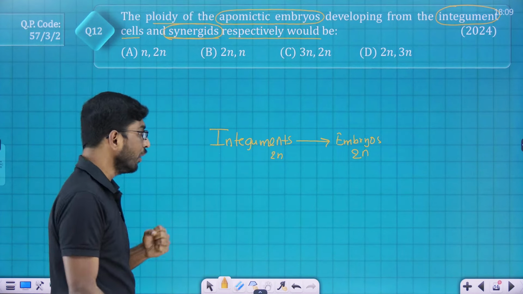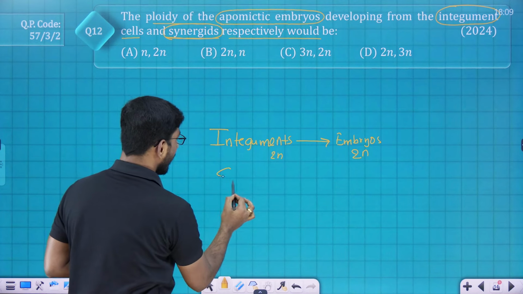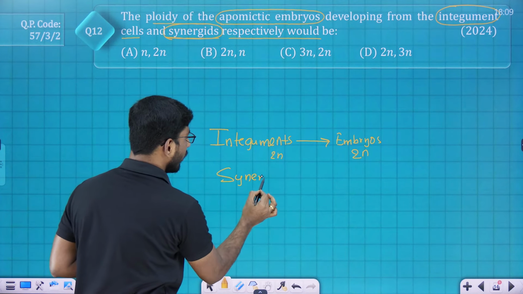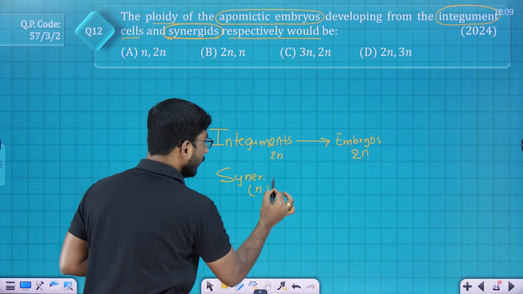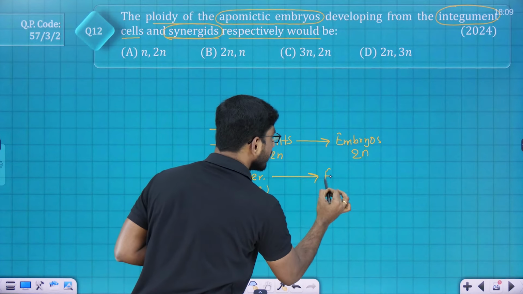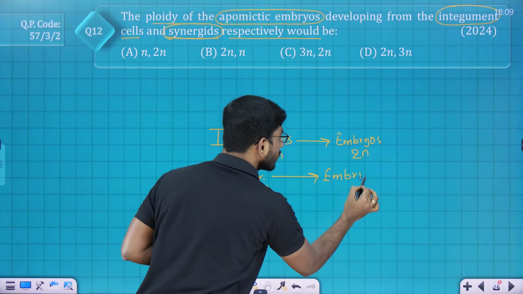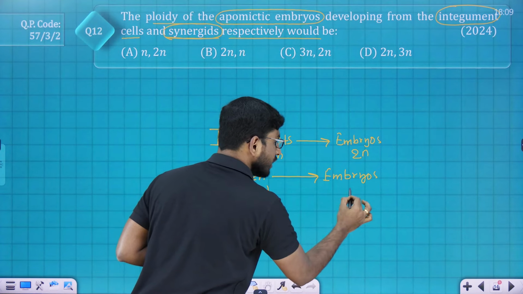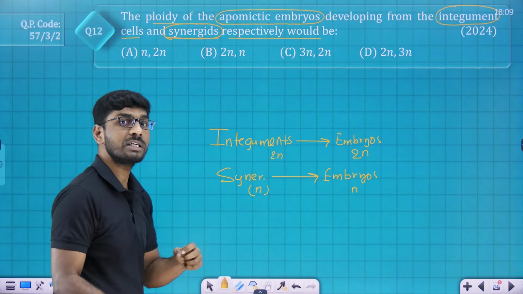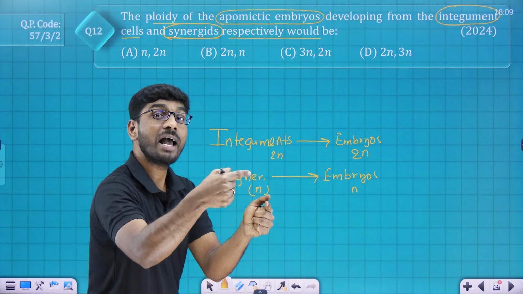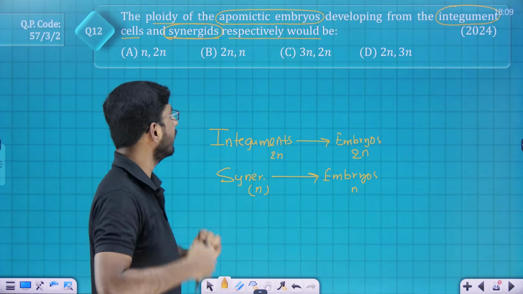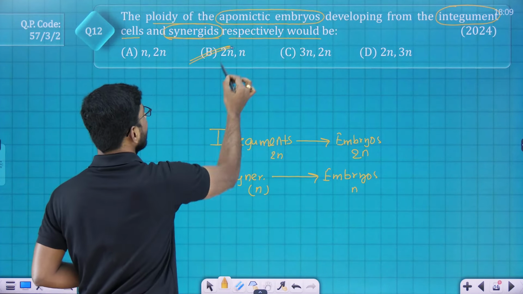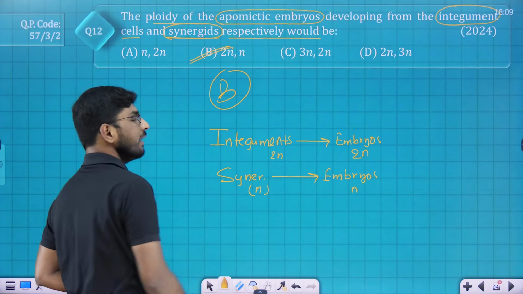Synergids are haploid, so when embryos develop from synergids, they are haploid. So our answer is 2n, n: diploid and haploid. Find out the correct answer. 2n and n, option B.